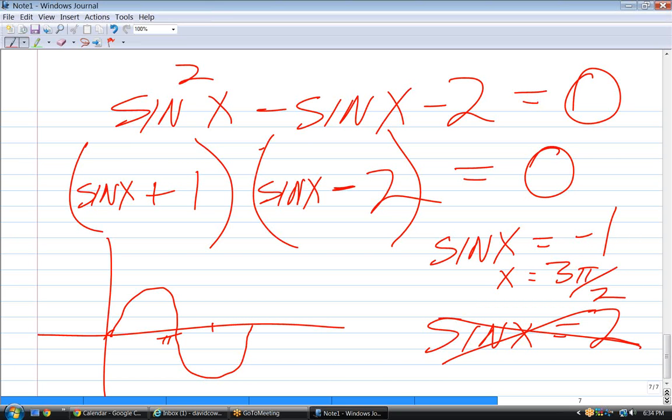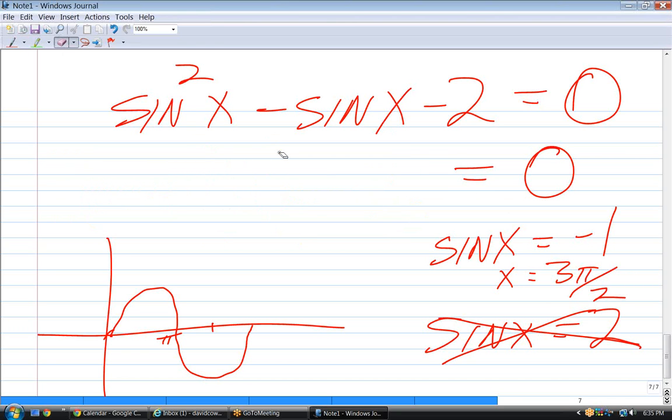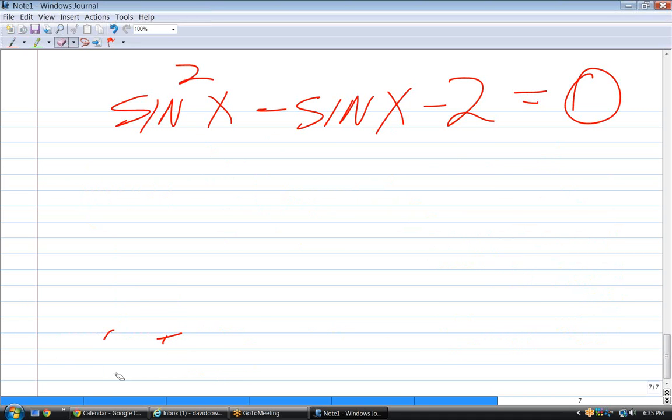Okay? Now, these kinds of problems can get more difficult if you have a mixture of trig functions. In other words, if this wasn't sine but cosine, like that, well, now I have to use trig identities.